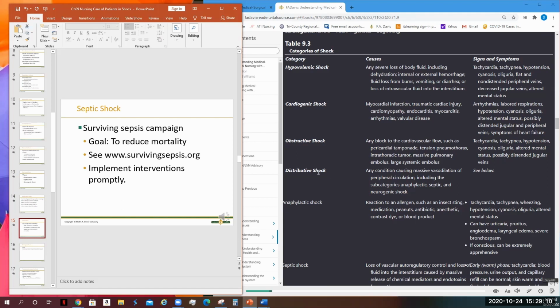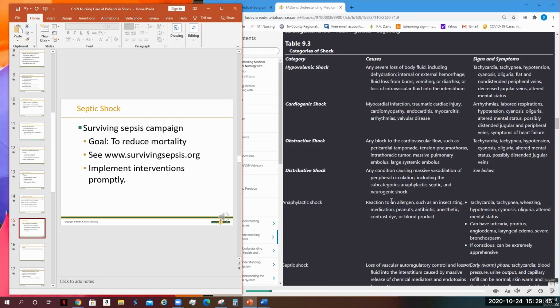For distributive shock, you're going to look at causes that might include any condition causing a massive vasodilation of the peripheral circulation, including the subcategories of anaphylactic, septic, and neurogenic shock. Anaphylactic shock would be caused by a reaction to an allergen, such as an insect sting, medication, peanuts, antibiotic, anesthetic, contrast dye, or blood product.